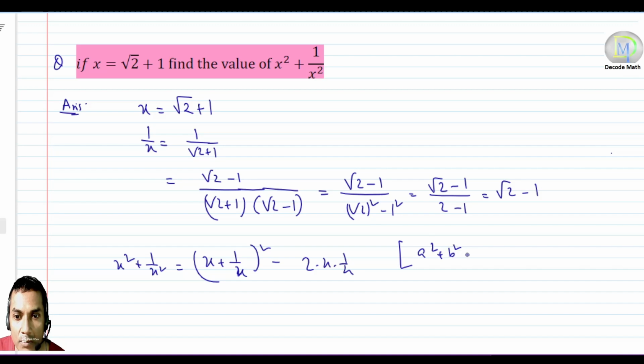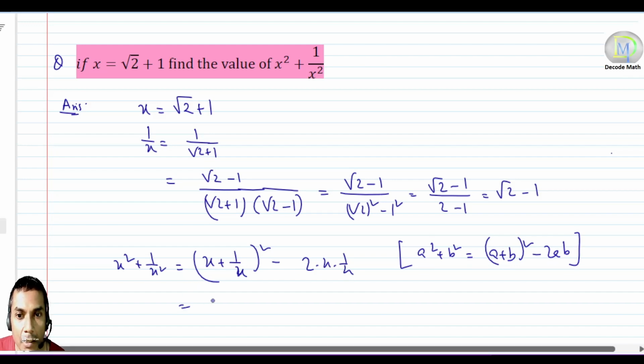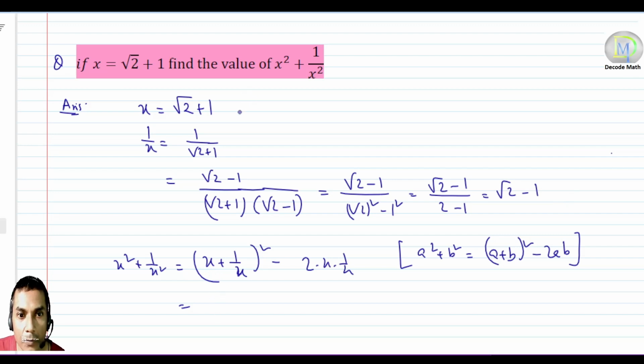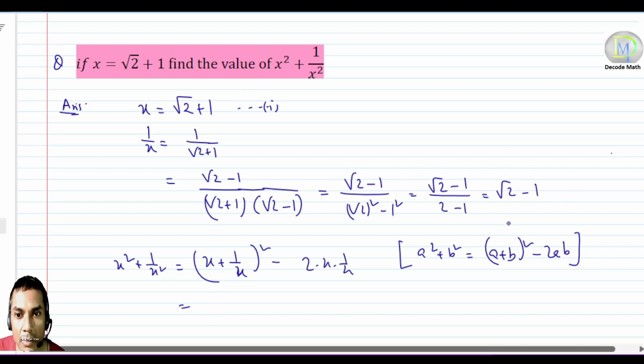Clear? Now from 1 and 2, we get x equal to root 2 plus 1, and 1 by x is equal to root 2 minus 1. Clear?